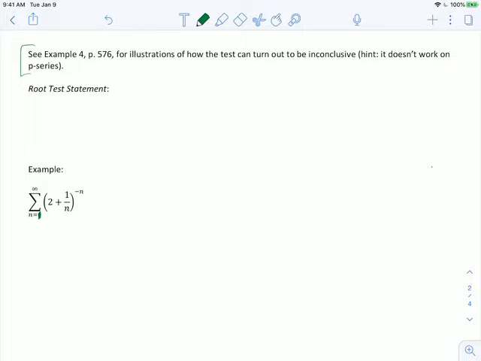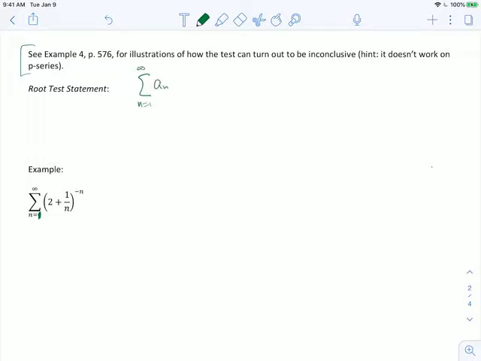So I want to move on now and talk about the root test. It's also a test that is similar in nature, in terms of conclusions for sure, to the ratio test. But there are specific instances where it's especially useful. As before, we have the summation n equals 1 to infinity.